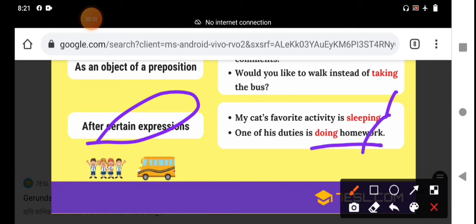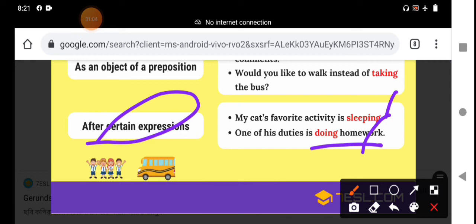This is also a complement. After some expressions we should use the gerund also. For example: to look forward to, to be accustomed to, to get around to, to be used to.